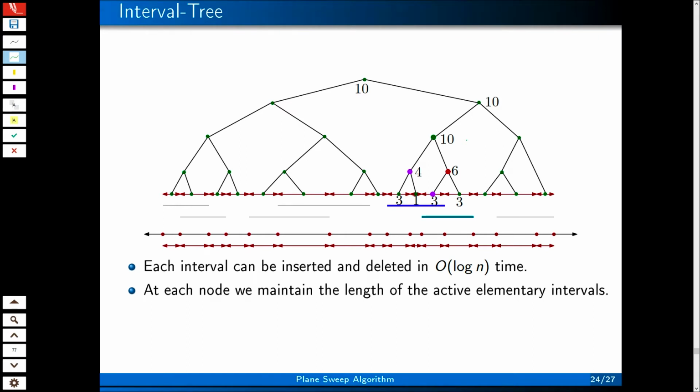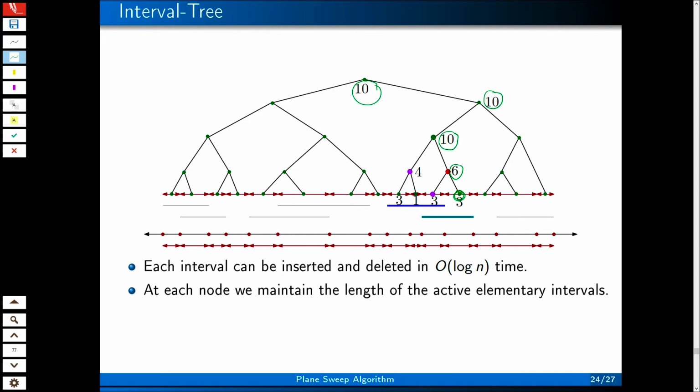So how many places can an interval be stored? Log n. When I change one value here, suppose I change the active nodes here, how many changes do I have to make? I have to change this, this, this, this.